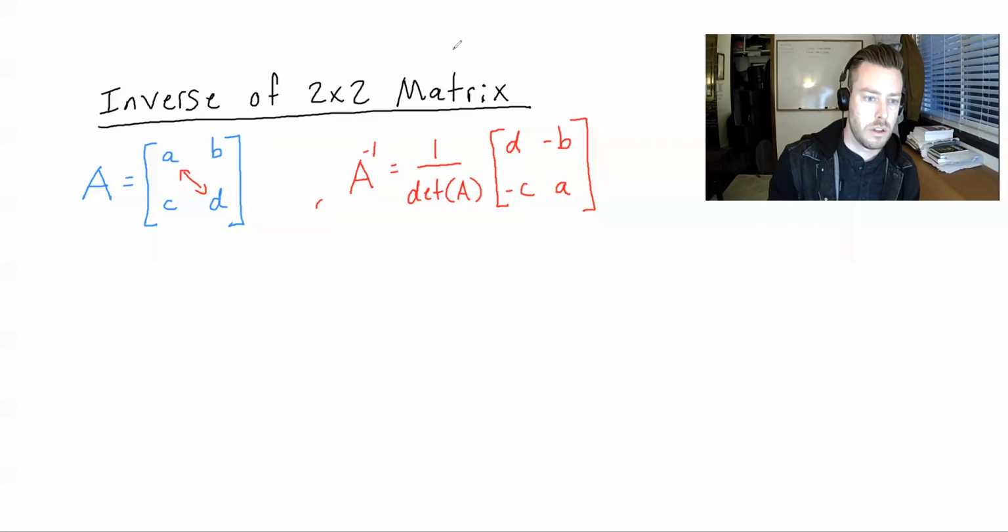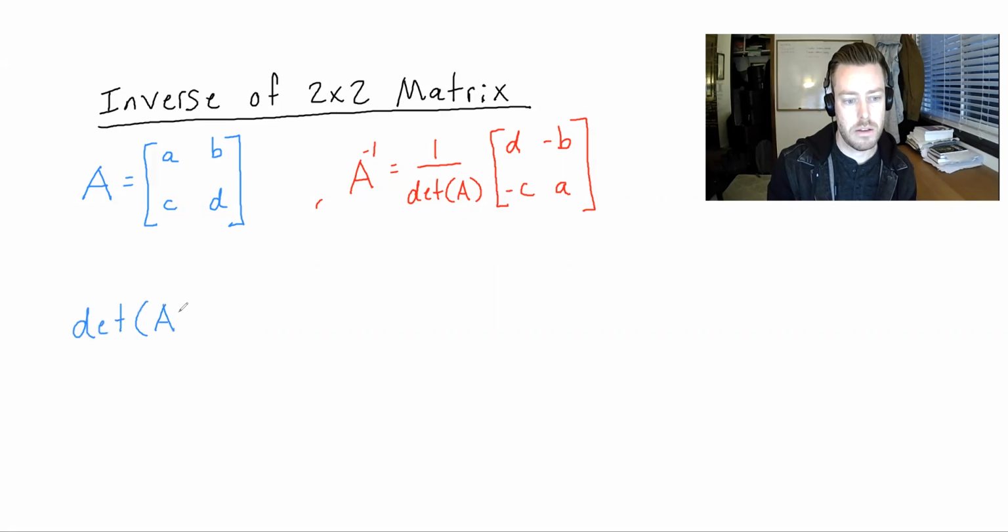So let me erase some of this stuff here. In this case, we want to find the determinant of A. In any 2 by 2 matrix, what we do is we multiply the first element times this guy, so A times D, then we're going to subtract the product of these two, which is just C times B. And that is the determinant for a 2 by 2 matrix.